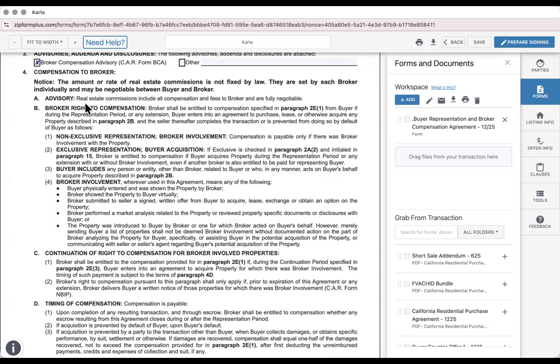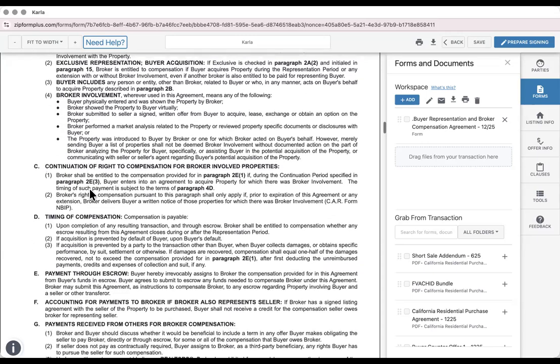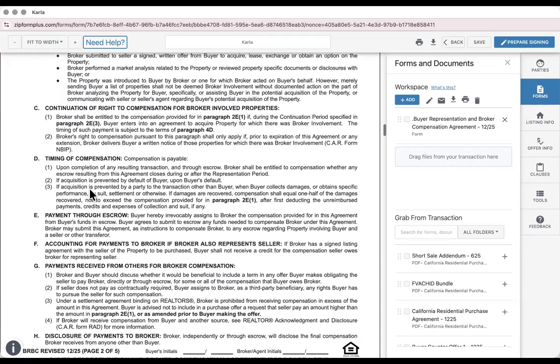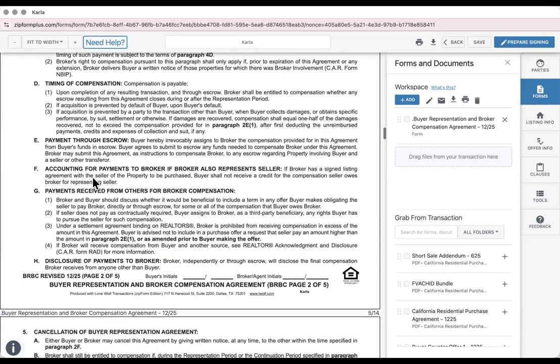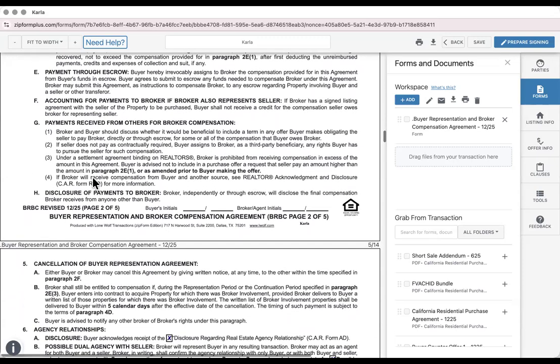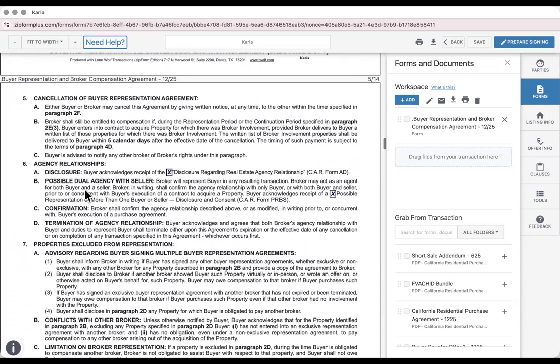This goes over the compensation to the broker, the non-exclusive, the exclusive representation, the broker involvement. Let's see. Timing of compensation. I would just tell them this remaining stuff. Oh, cancellation of buyer representation agreement. This is a good one. So everybody does business differently, okay?